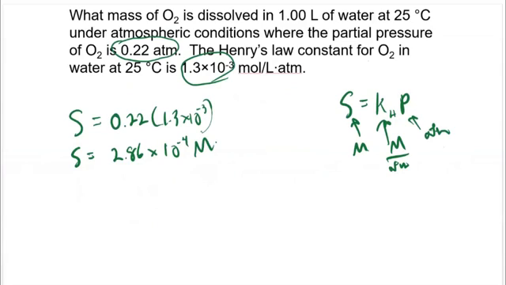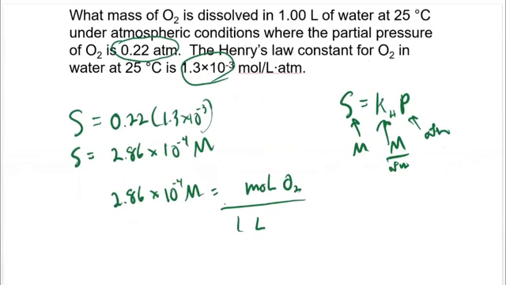Well, we can go from moles or from molar to mass, because we understand that to have this molar, and it was dissolved in 1 liter of water, so we already know that. So 2.86 times 10 to the negative 4 molar equals the moles of oxygen divided by 1 liter. So we can calculate the number of moles of oxygen, which, because it's divided by 1, happens to be the same thing, 2.86 times 10 to the negative 4.